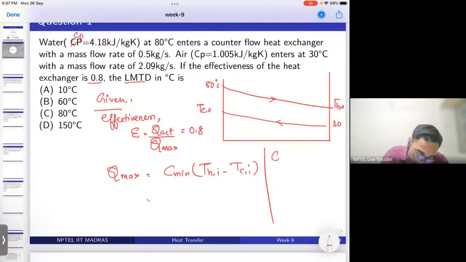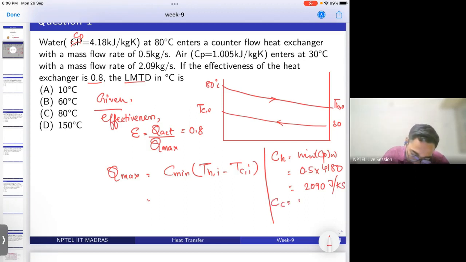That is, C of the hot fluid, water, is m dot water times Cp of water, which is 0.5 into 4180. So you get 2090 joule per Kelvin second.